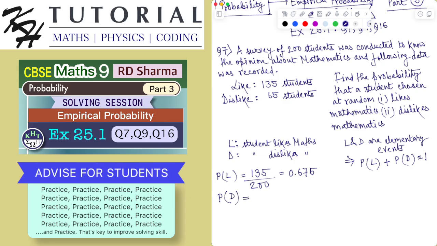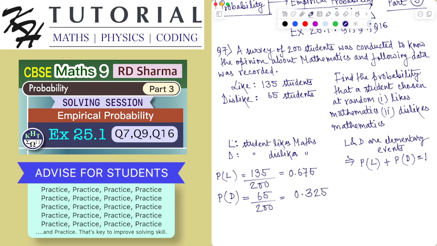That is, you randomly select a student and the student dislikes mathematics. It will be 65 divided by 200, which is 0.325.